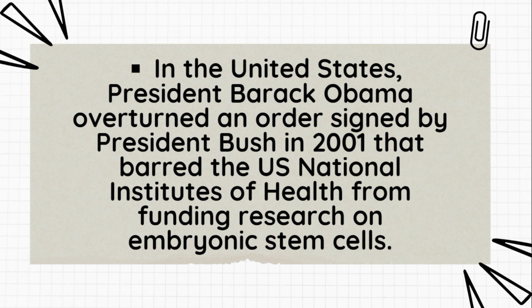This policy limited the use of federal funds for research on embryonic stem cell lines created after August 9, 2001, which significantly constrained the scope of research in this field. The restrictions were based on ethical concerns surrounding the destruction of human embryos for research purposes.